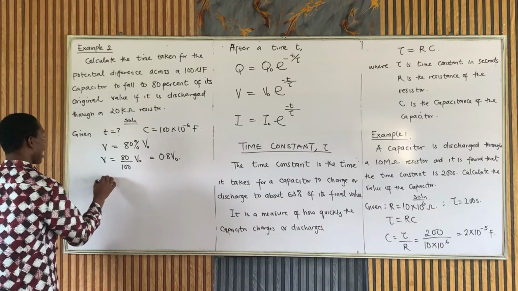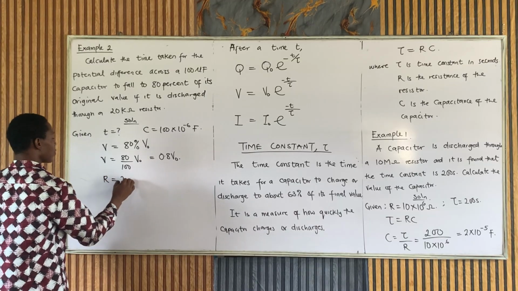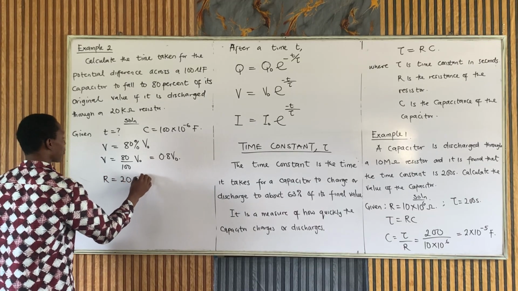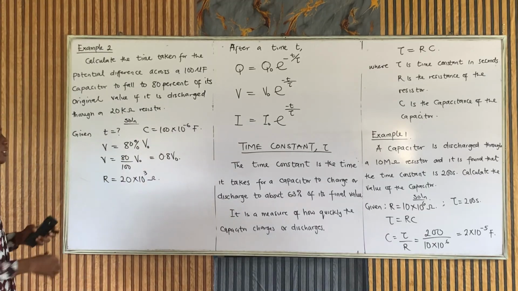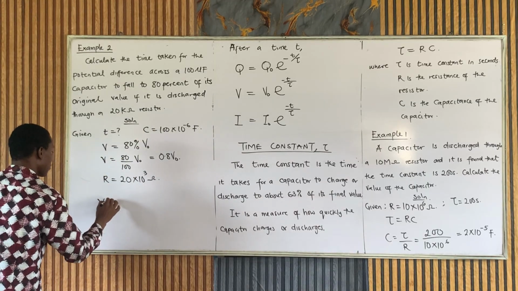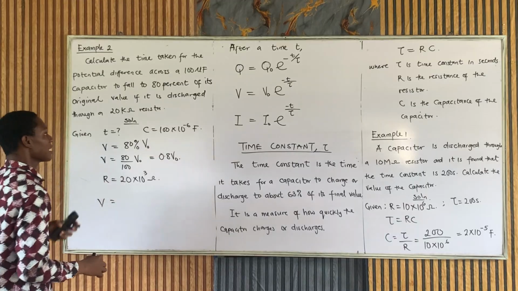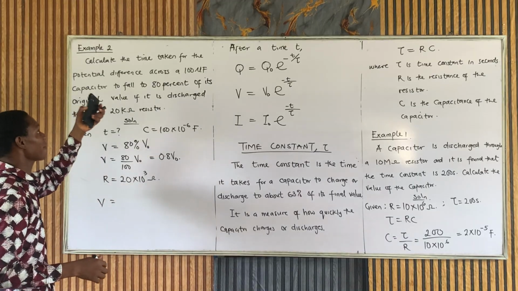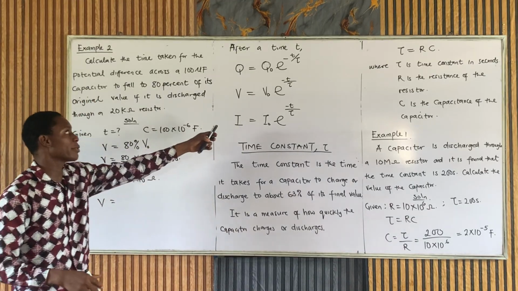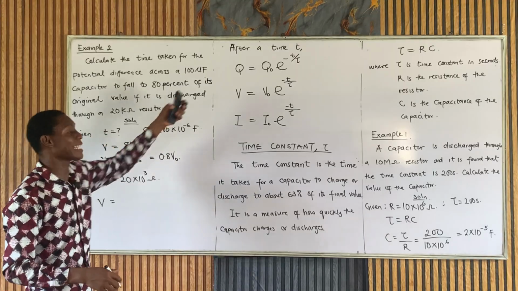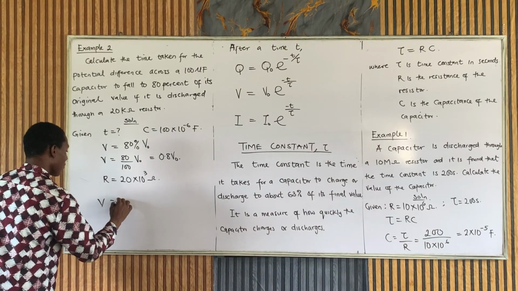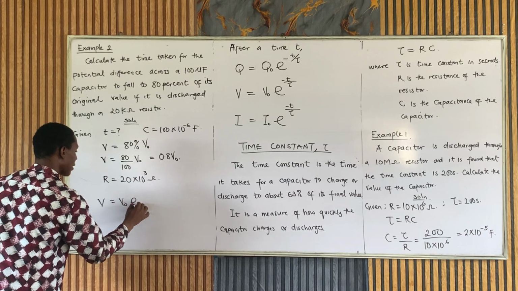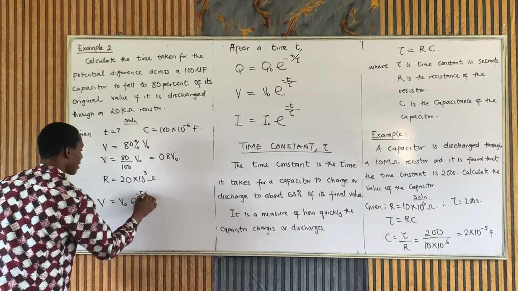The R is given as 20 times 10 raised to the power 3 ohms, that is kilo ohms. What relationship am I using? I'm using the voltage relationship because we are asked about the potential difference. If it says calculate time taken for the current, I'll use the current equation. If it says calculate time taken for the charge, I'll use the charge equation. So this will be V is equal to V naught exponential minus t over tau.